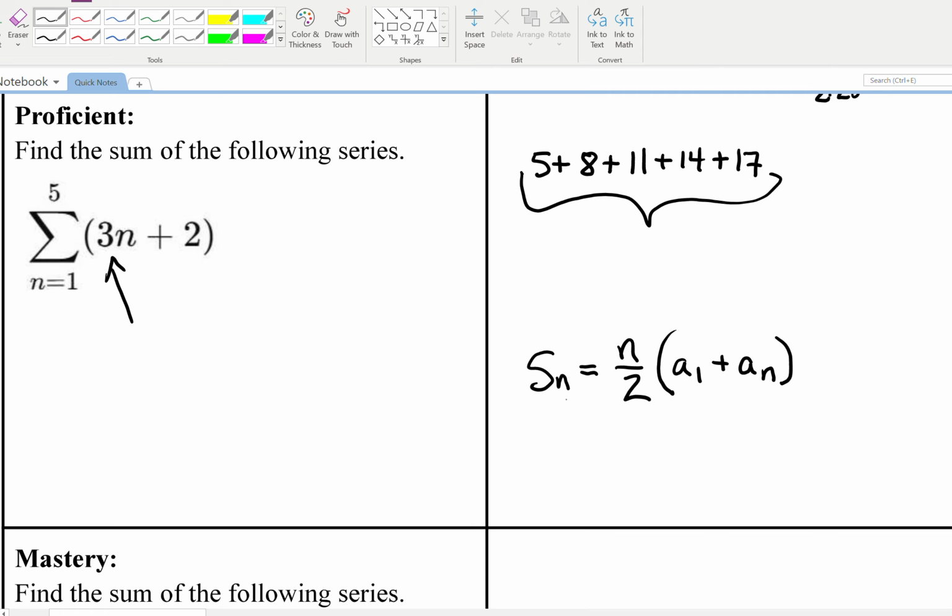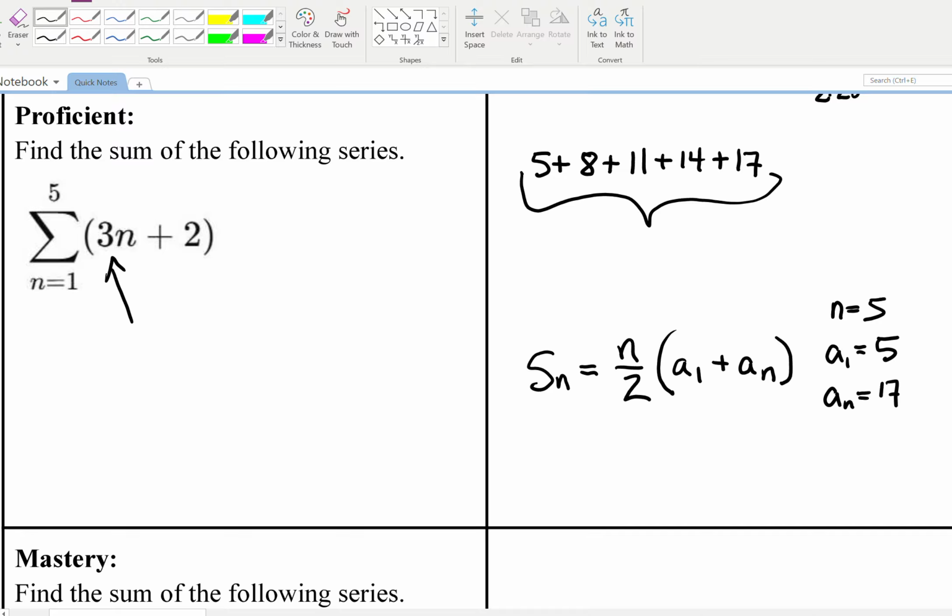And n, in this case, because there are 5 terms, n is 5. And a sub 1 is the first term, which is also 5. And a sub n is the last term, and that's 17.